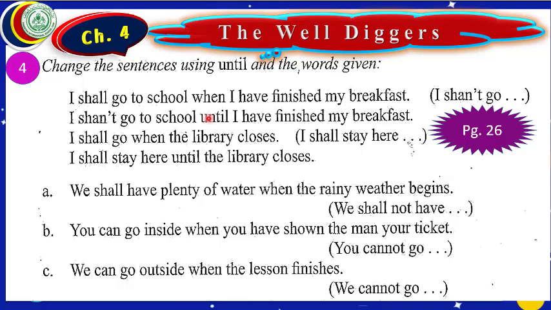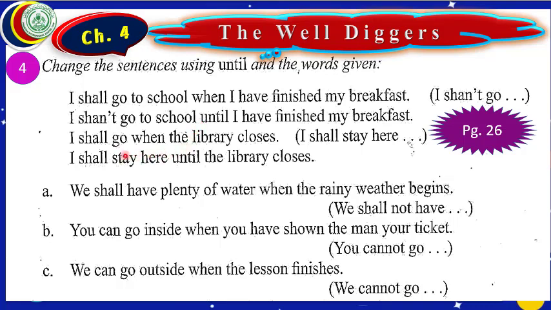Try to note the changes which are made in the first example. The first change is, in the given sentence, it was written I shall go, but in the answer it is written I shan't go. This is one change. The second change is, instead of when, until is written. These are two changes only.